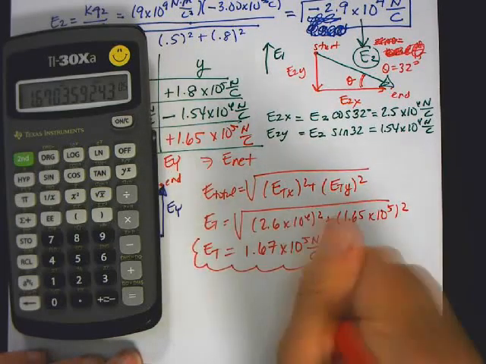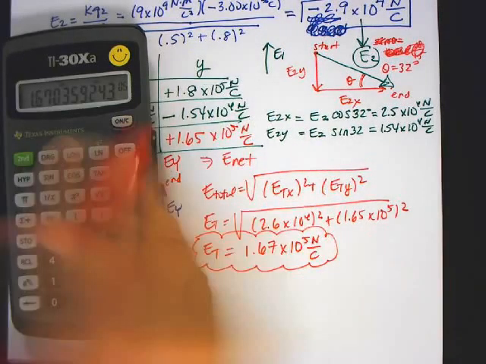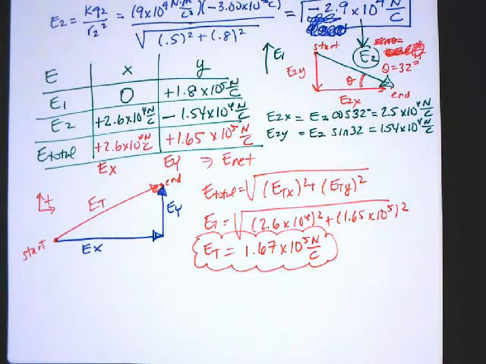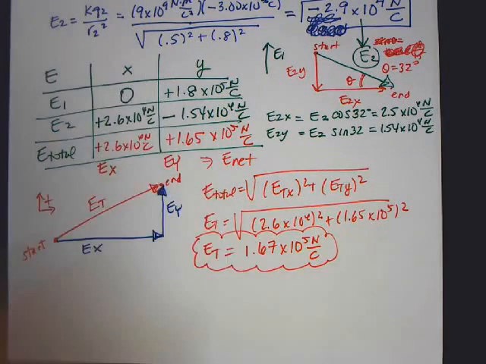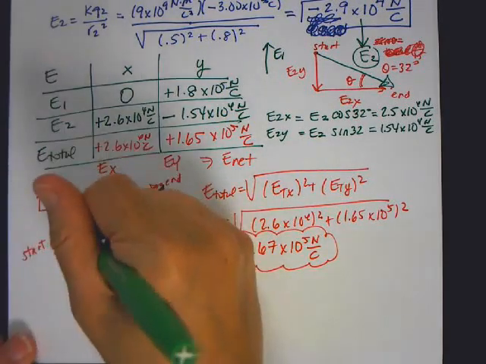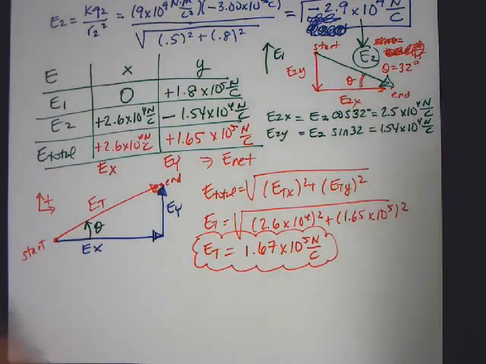Am I done? No. I am not done, because we know at this point that all vectors have both magnitude and direction. So we need to find the direction. The easiest way to measure the direction is from the tail of the resultant. And it's going to be easiest to find the angle inside that triangle. Okay? So I have opposite and I have adjacent, so I'll do tangent.